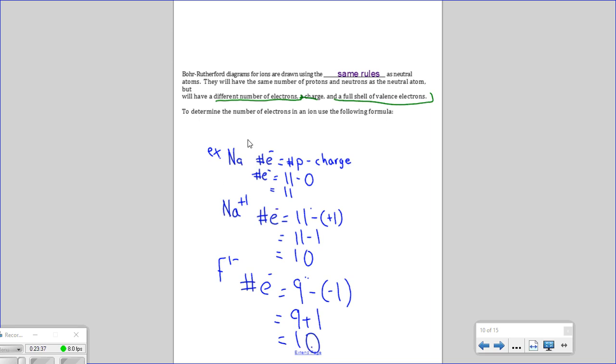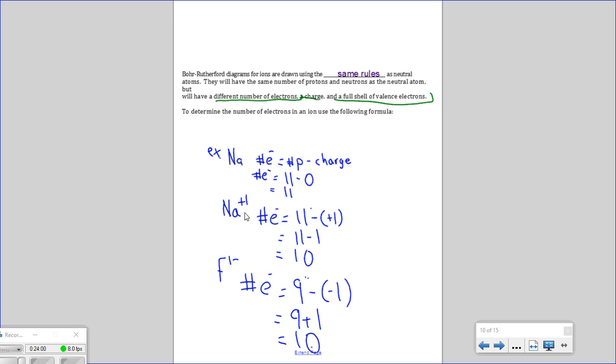For example, with sodium, you'll notice there is nothing written in the upper right-hand side, so that indicates it is a neutral atom with no charge. If we take the number of protons and subtract the charge, we have 11 minus 0, for a total of 11 electrons.